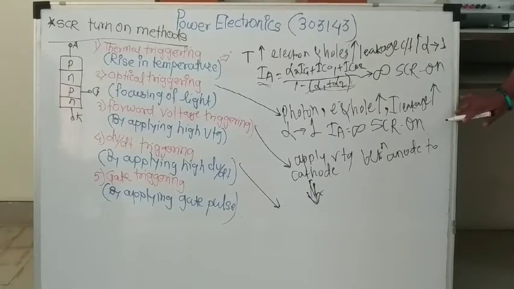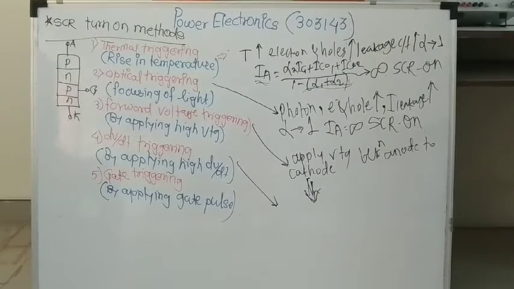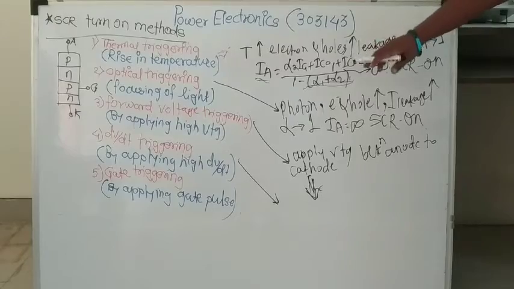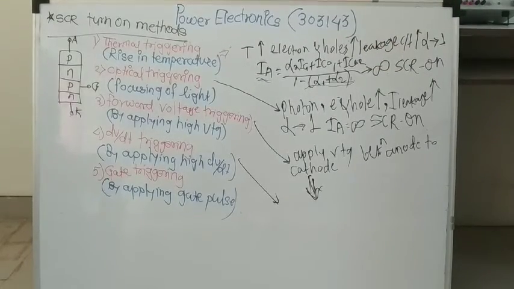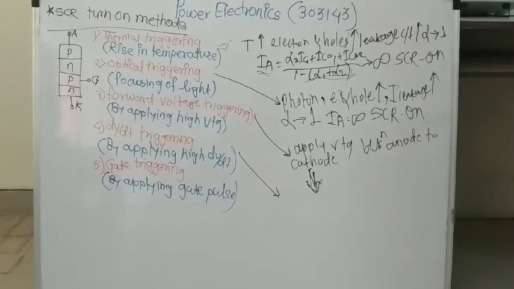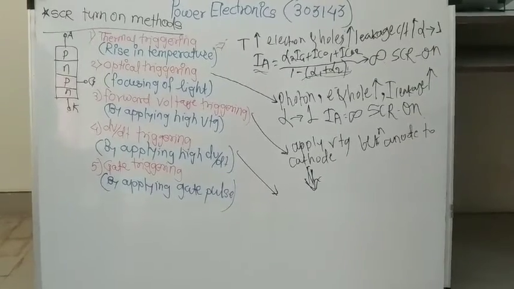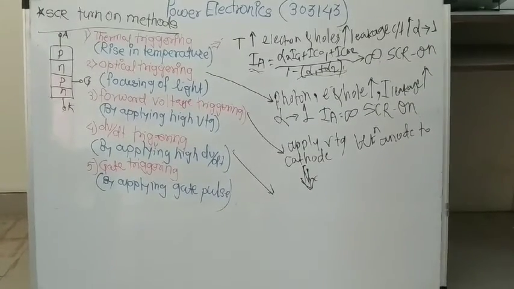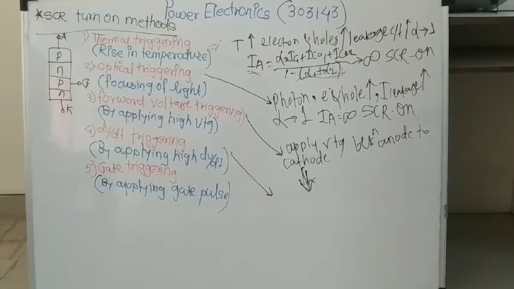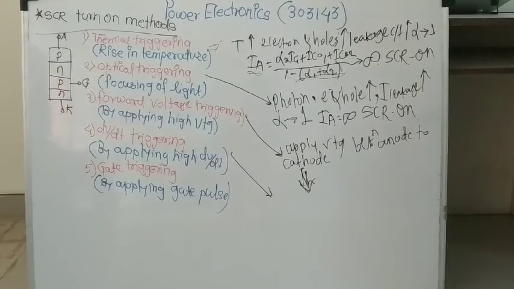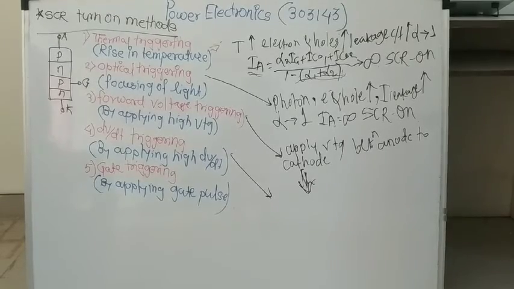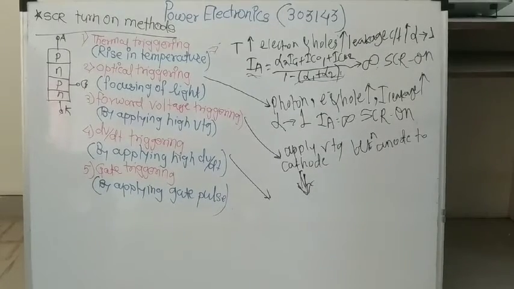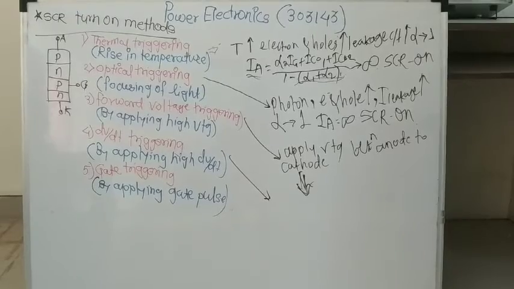In dV by dt triggering, we directly apply a very high voltage. Due to directly applying a very high voltage, your SCR may get damaged permanently. Hence, it is not a proper method and is practically never used.